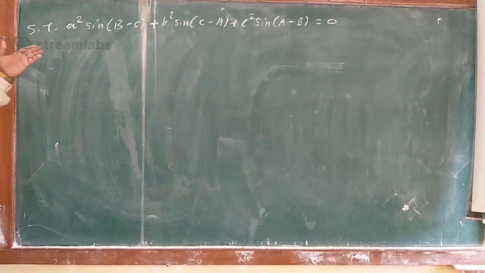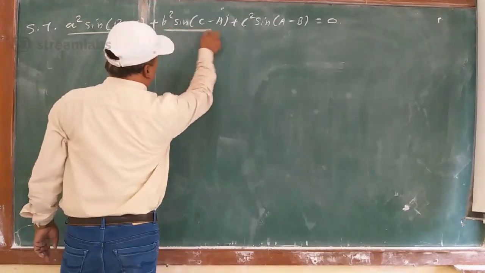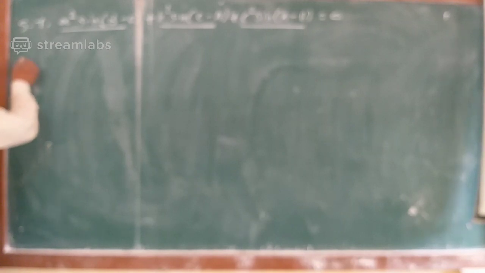These problems depend upon calculations. Simple problems are there. So to write the proof of this problem, see, the terms are similar. There are 3 terms in the LHS, so we are going to find each term one by one.